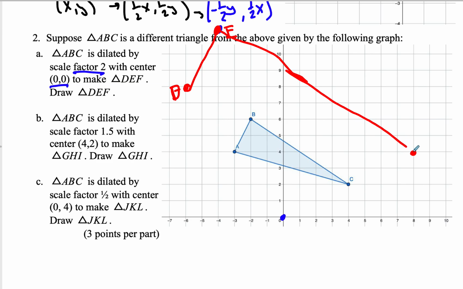Mine's going to look a little bit goofy, and that's because, remember, I'm using the tablet. So there we go, DEF, stretched by a factor of 2 from the origin, and we can see it's kind of got that blowback effect. I think my perspective is just a little bit warped due to the squiggliness. But in any case, it's getting blown back from the origin.